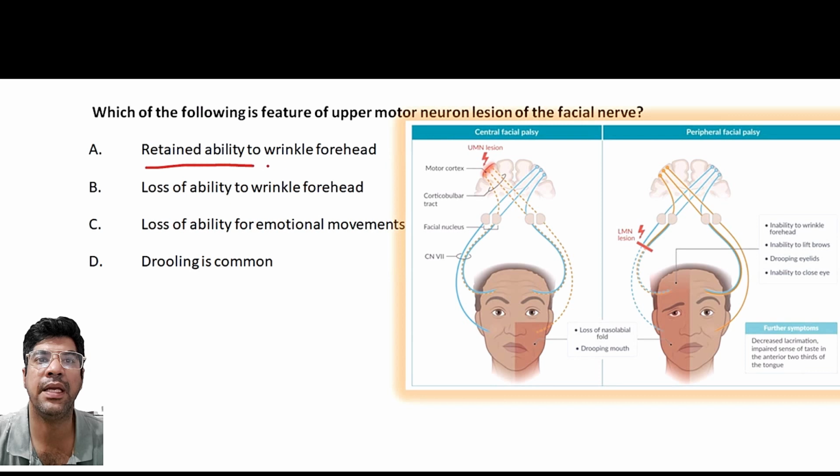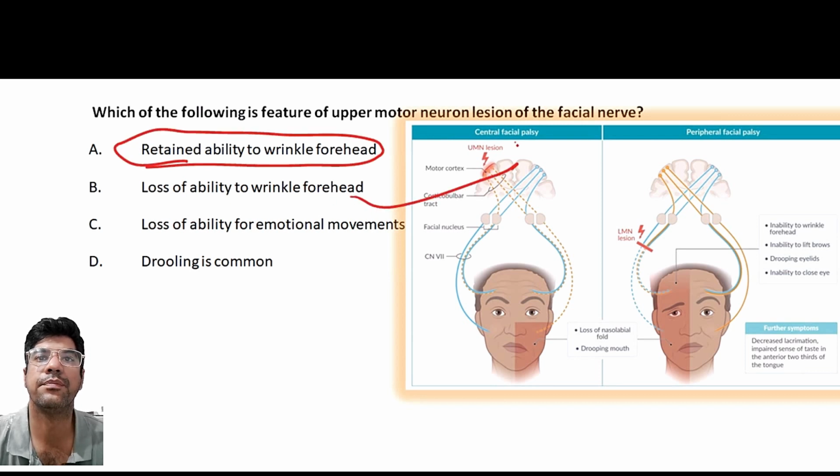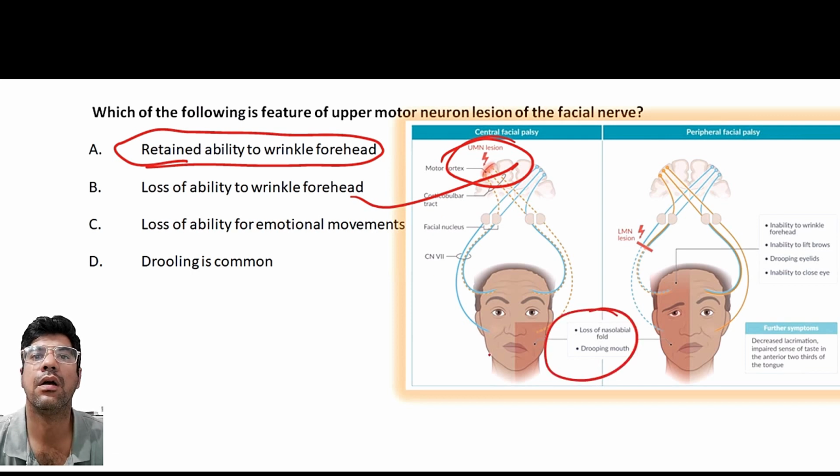So the answer would be retained ability to wrinkle the forehead. These lesions typically affect the lower part of the face, leading to loss of emotional movements and voluntary control over the lower facial muscles.